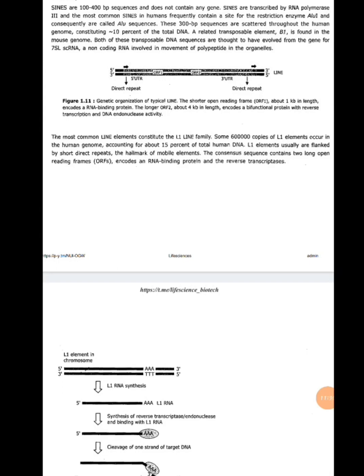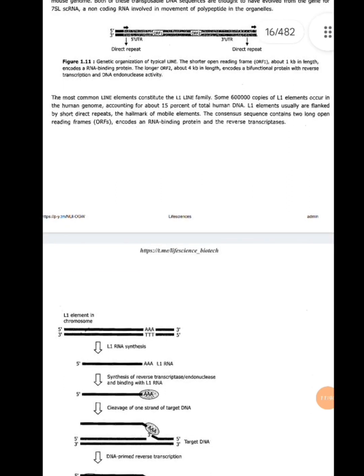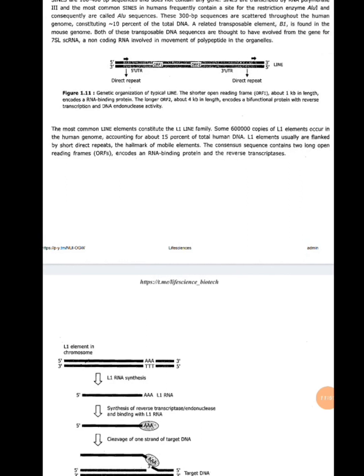For the L1 LINE family, around 6 lakh copies of L1 elements occur in the human genome, which is about 15% of the total human DNA. So LINEs are more than SINEs, and LINEs are flanked by short direct repeats, which are the hallmark of mobile elements. Whenever you study mobile elements, remember the direct repeats.